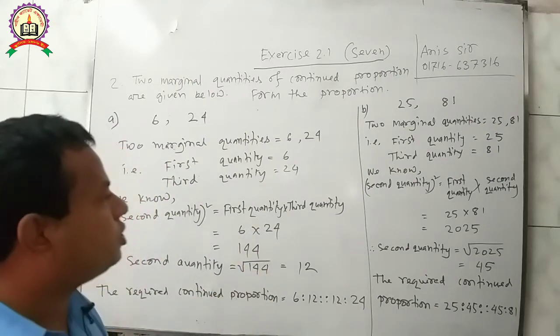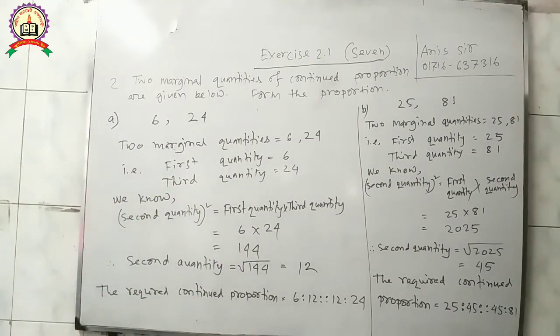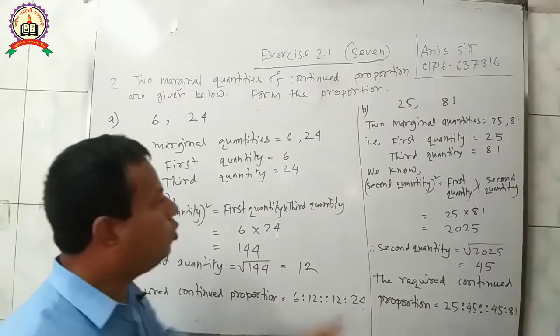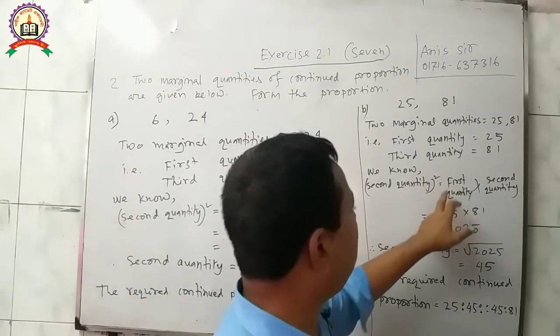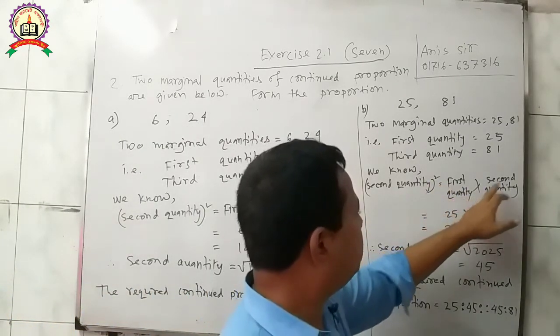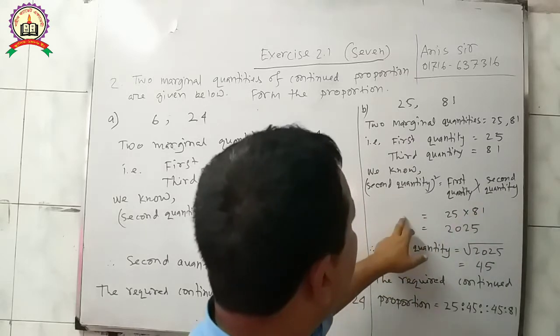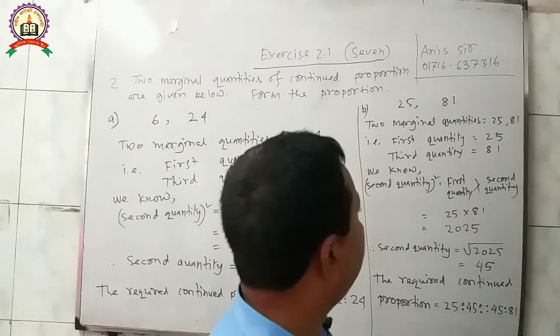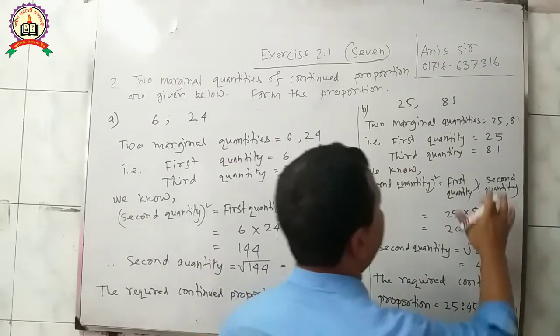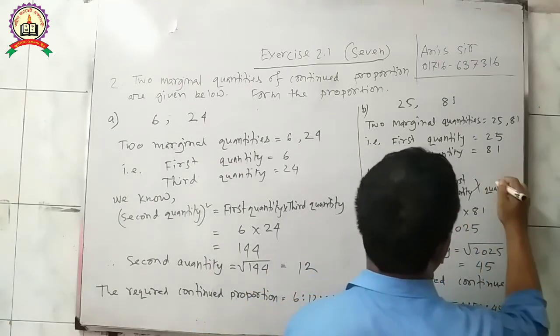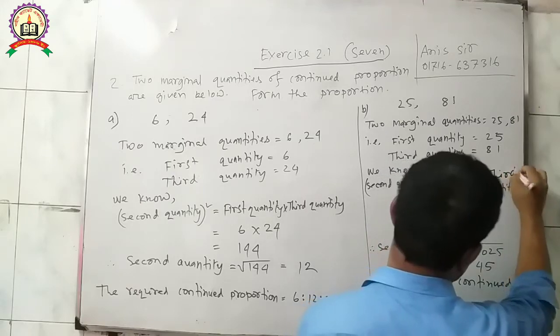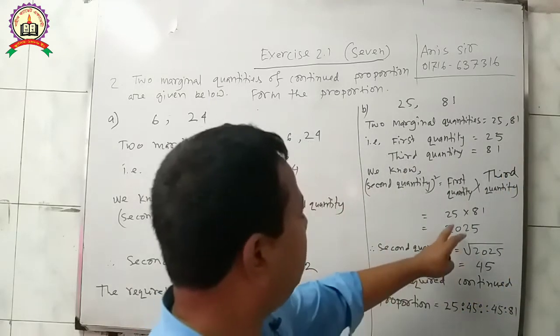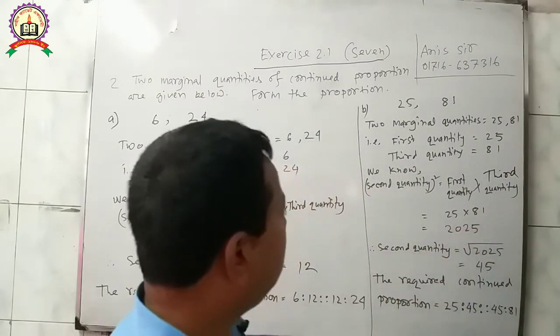So we have to find out the second quantity using this formula. We know second quantity square equal to first quantity 25 into third quantity, third quantity equal to 81.